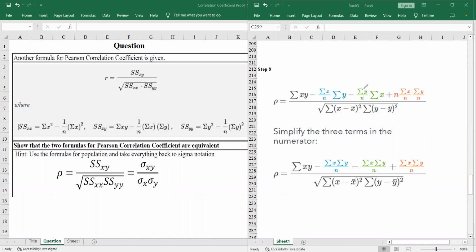And then we have summation y into summation x, divided by n. For any constants, a into b is the same as b into a, so I can write this as summation x, summation y divided by n. And over here we have an n divided by n, so we can cancel the n terms. It's again summation x, summation y divided by n.